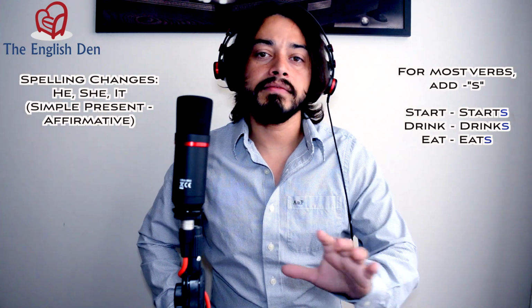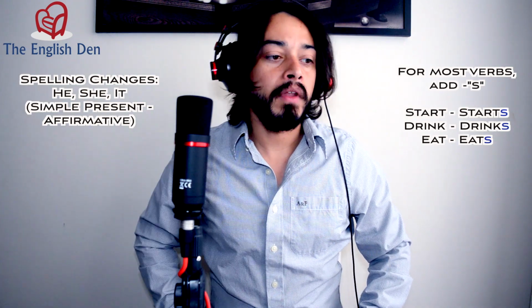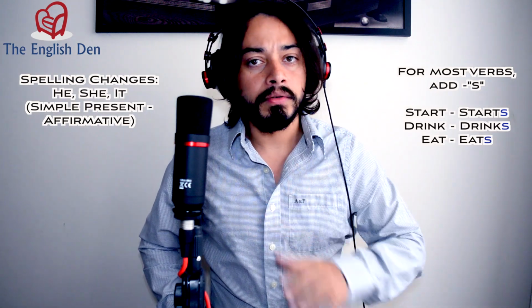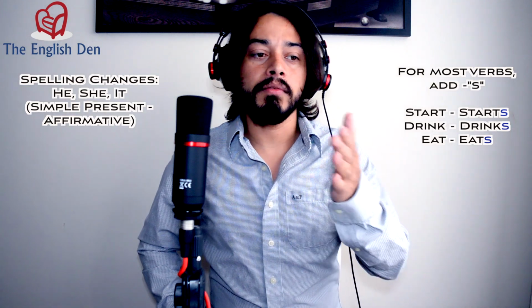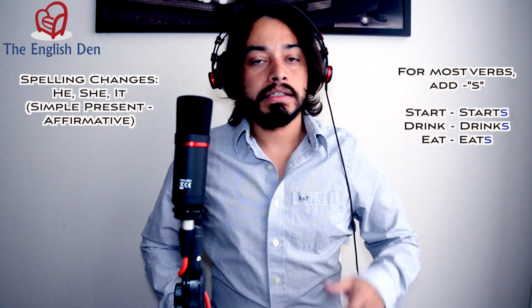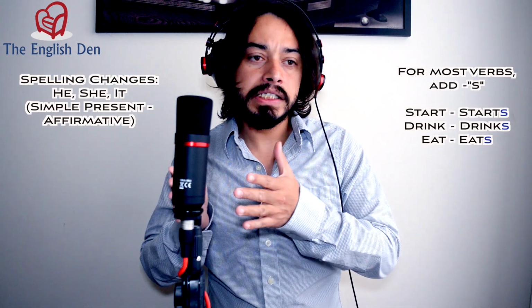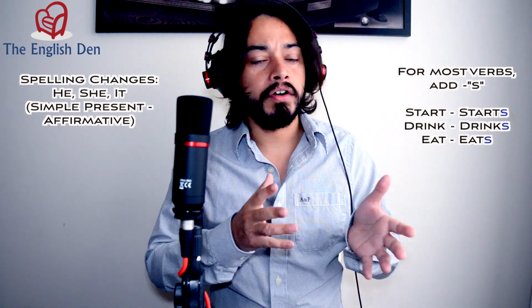When you have a sentence in the simple present, he, she, it, third person, we make a small change in the spelling of the verb, okay? What happens is, for most verbs, we add the letter S. So some examples: start becomes starts, drink becomes drinks, eat becomes eats.